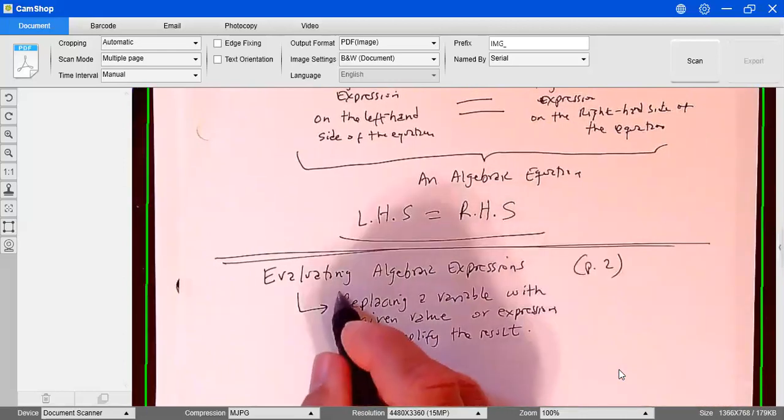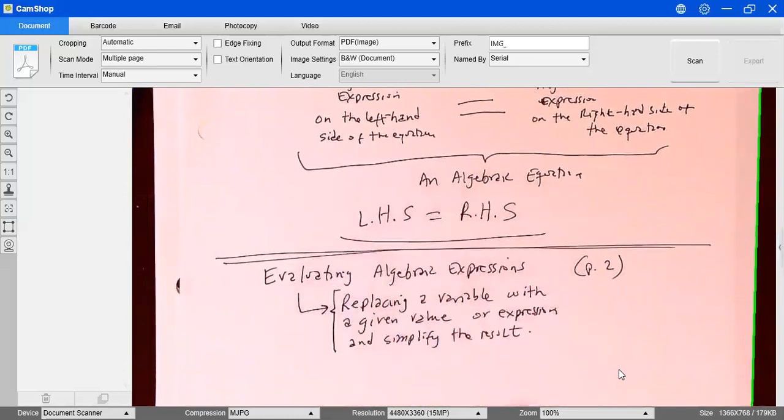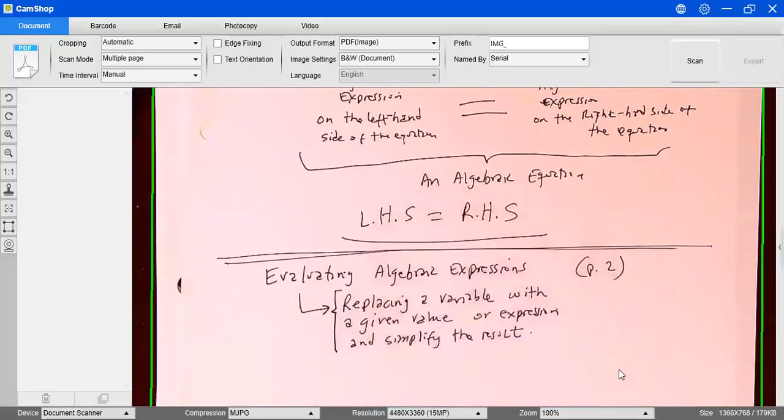That's evaluating. It's just replacing the variable with a number. When you do that, you're going to end up with an arithmetic expression. When we say simplify the result, we mean that the arithmetic expression should be reduced to its lowest or simplest form. In other words, if you have an addition, you perform the addition and get the result. If you have a multiplication, you do that.